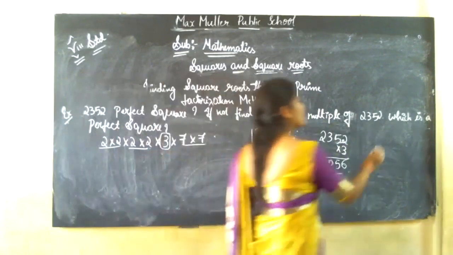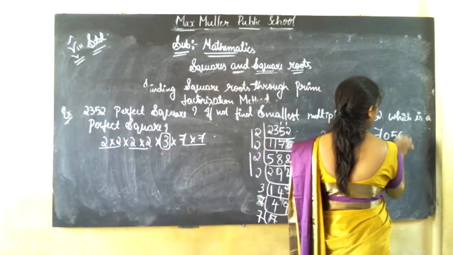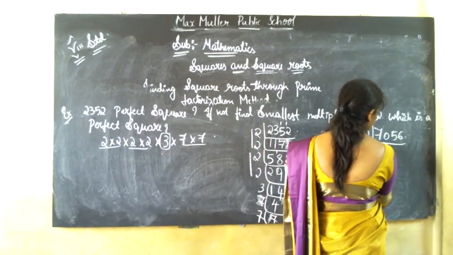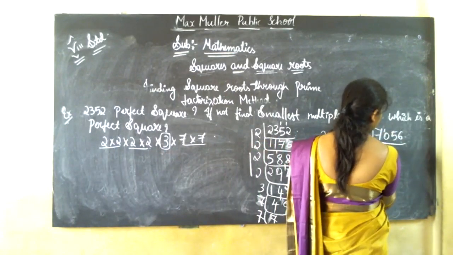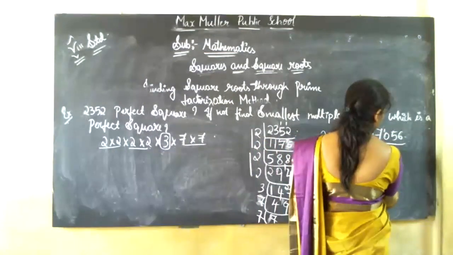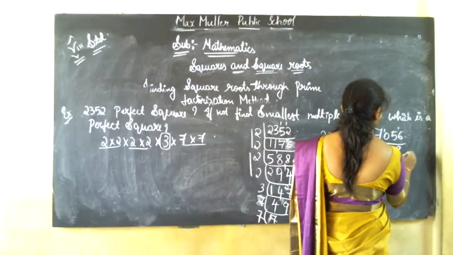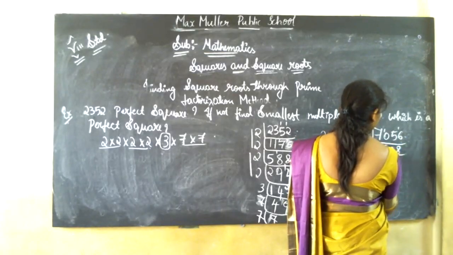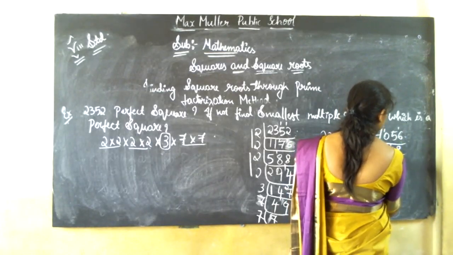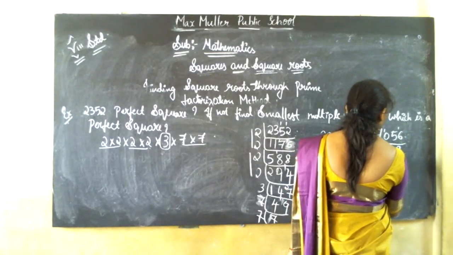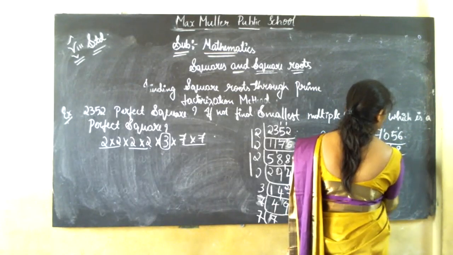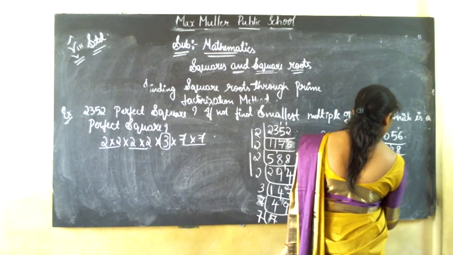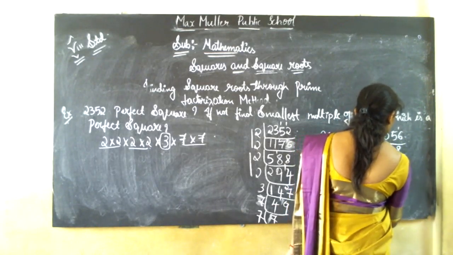We'll check now. 7056. 2 3s are 6, 1 carry, 2 5s are 10. Again 2 2s are 4, 1 carry, 2 8s are 16. 2 1s are 2, 1 carry, 2 7s are 14, 1 carry, 2 6s are 12, 2 4s are 8, 2 8s are 16, 1 carry, 2 8s are 16, 2 2s are 4, 2 4s are 8, 2 4s are 8, 2 1s are 2.